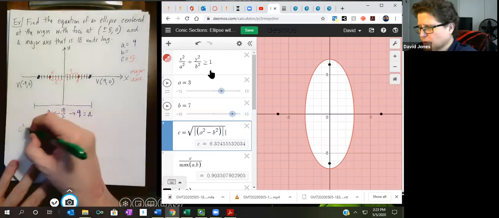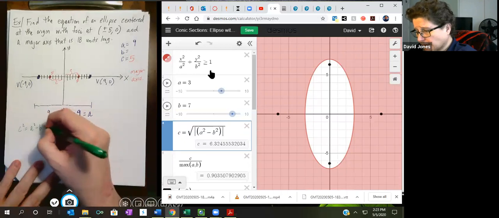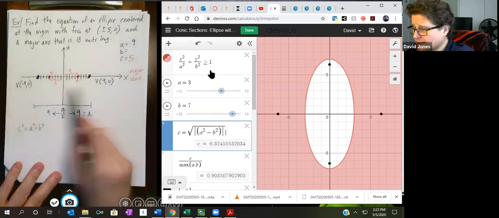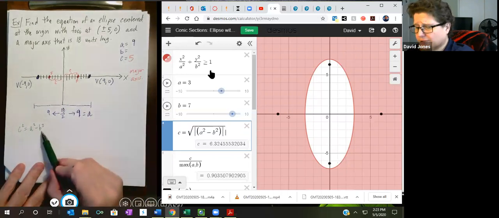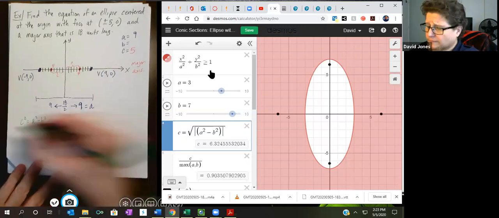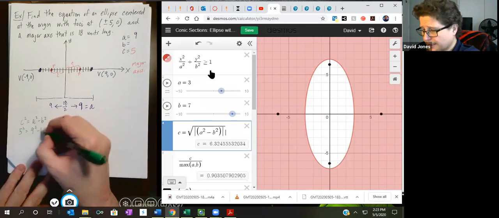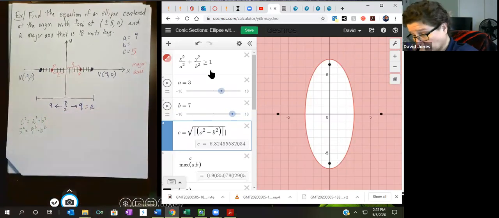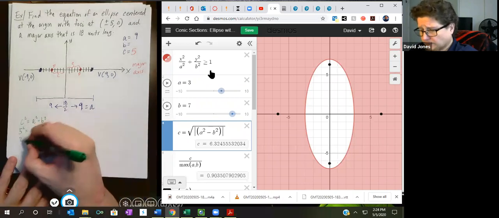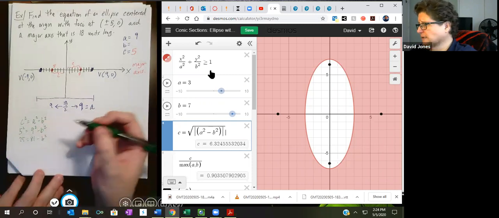C squared equals A squared minus B squared. A is bigger than B because it's the major axis, so I don't need the absolute values. This will be positive. Let's plug in what we have. 5 squared equals 9 squared minus B squared. 25 equals 81 minus B squared.